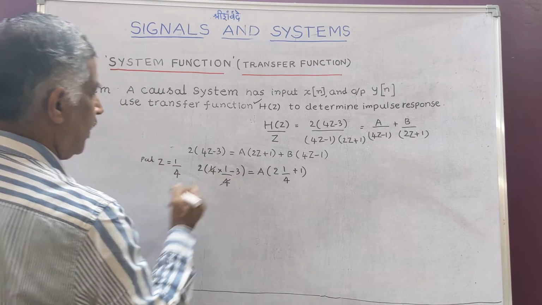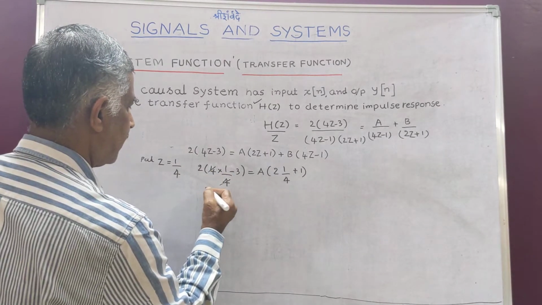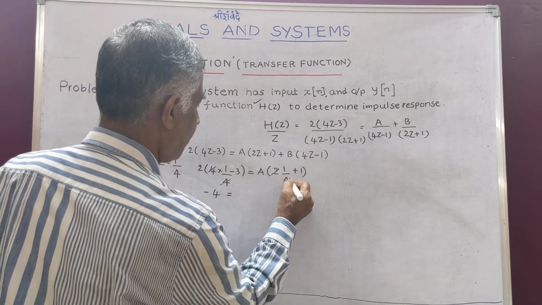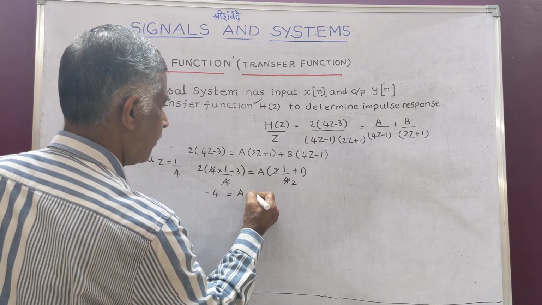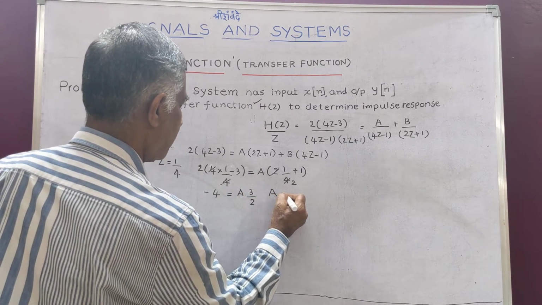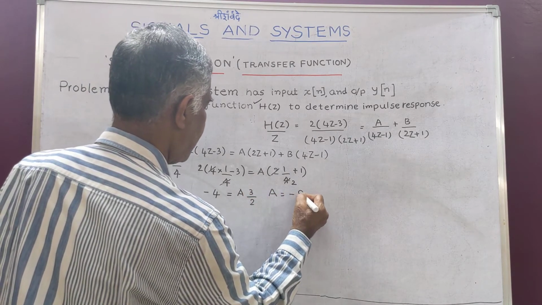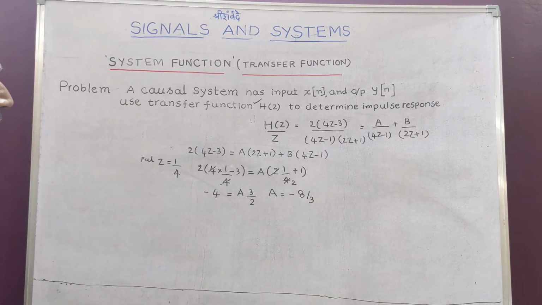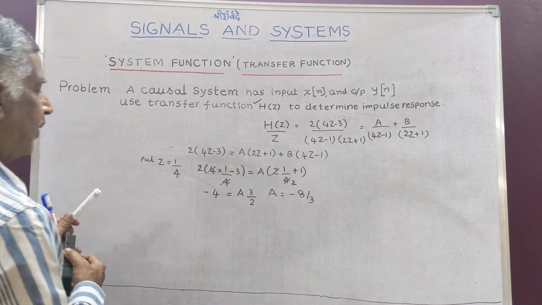Therefore, −4 = A × 3/2, so A is equal to −8/3.